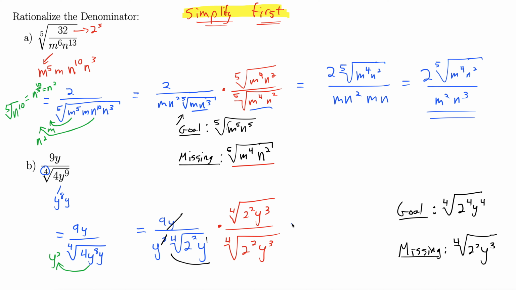This equals 9 times the fourth root of 4y cubed divided by, down below, y times the fourth root of 2 to the 4th y to the 4th, which is simply 2y. So we have y times 2y, which I'll rewrite as 2y squared down below.